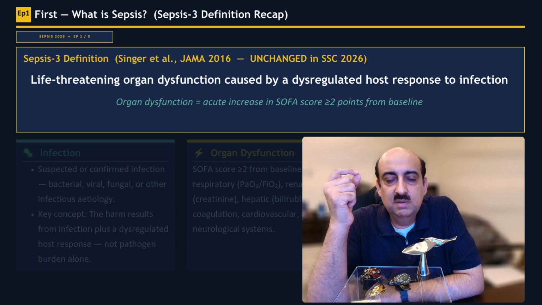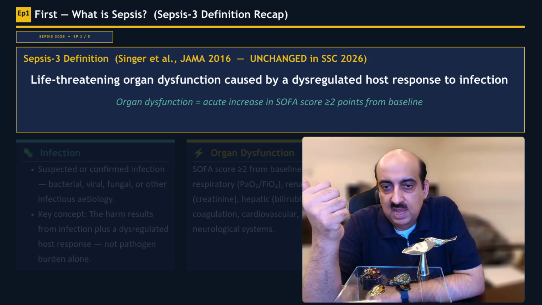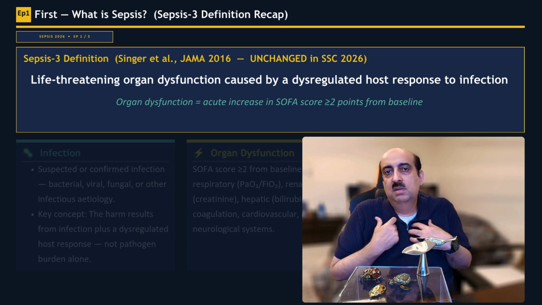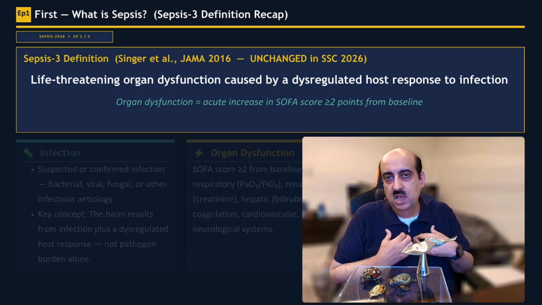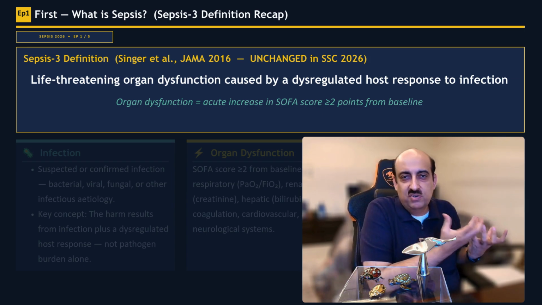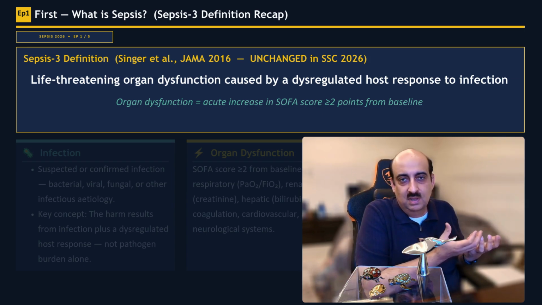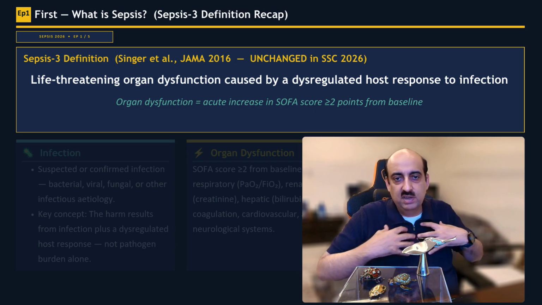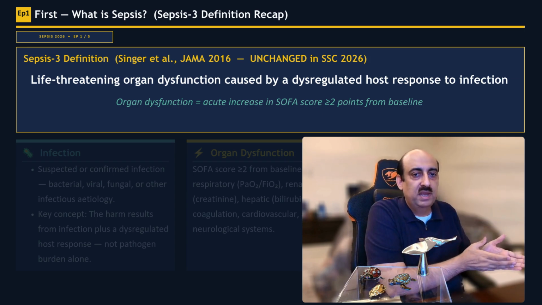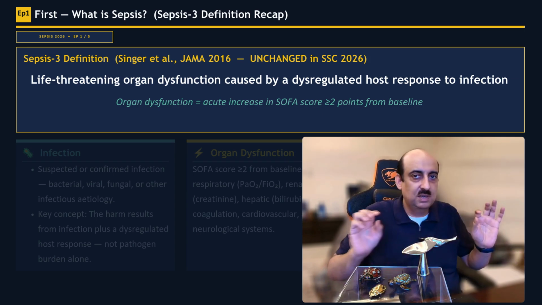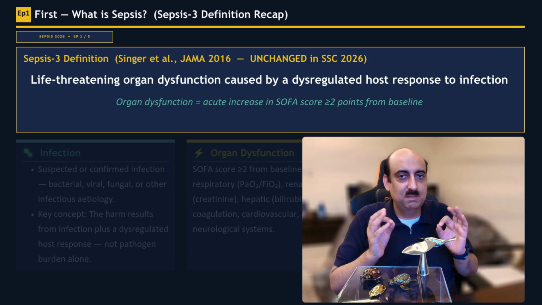It's basically an infection leading to the host response in the human body, which becomes dysregulated, and that leads to vital organ dysfunction, which can become life-threatening. All this equals sepsis. I think now it makes sense.